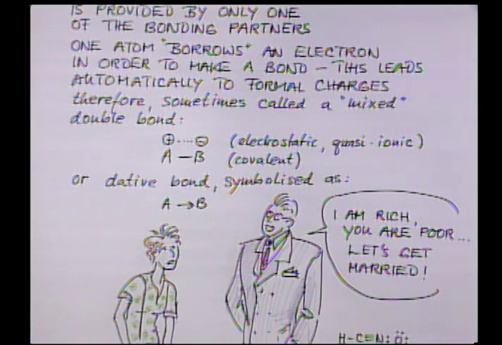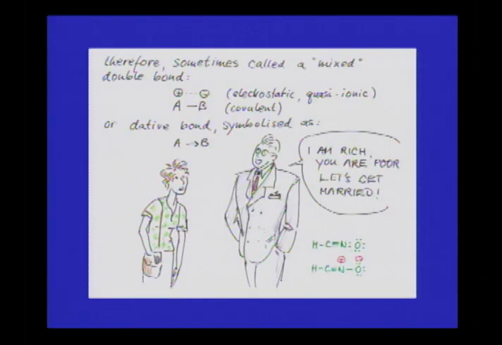And here we can understand why it's sort of considered a mixed double bond. In the old days, they used to call it a mixed double bond, because we have a real bond, right? The real electron pair bond. But with the formal charges, it's surrounded also by a quasi-ionic bond because of the opposite formal charges.